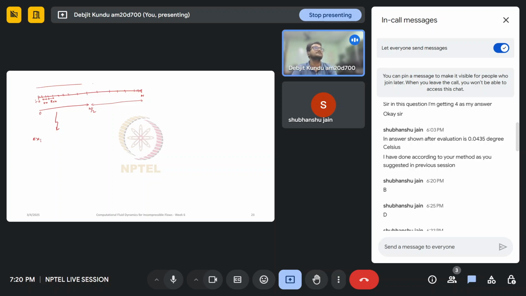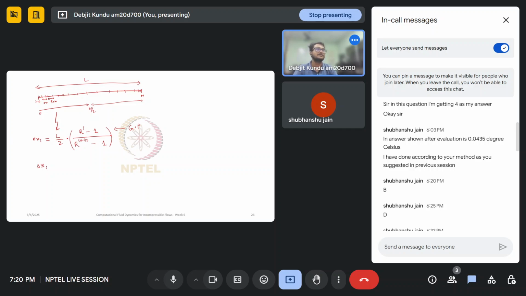If this whole length is L, then this has to be given by L by 2 into r power i minus 1 divided by r power n minus 1 by 2 minus 1. So you see, this is like a GP, a geometric progression, because that's what delta x is. It's a GP with the ratio r. And then you need the opposite, the reducing GP on the other end.